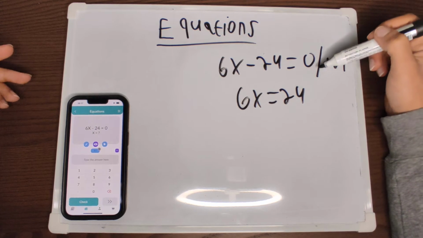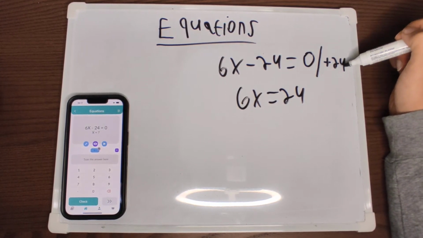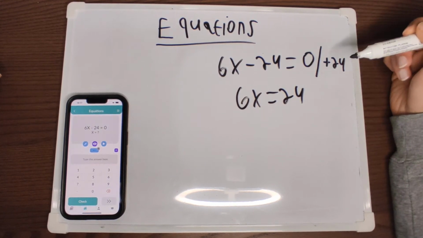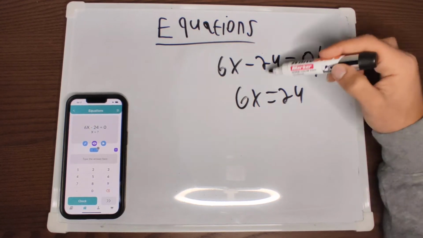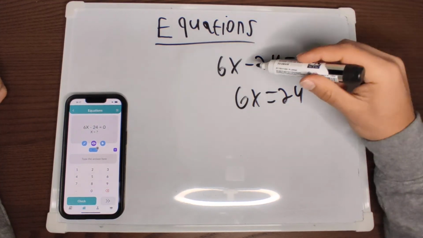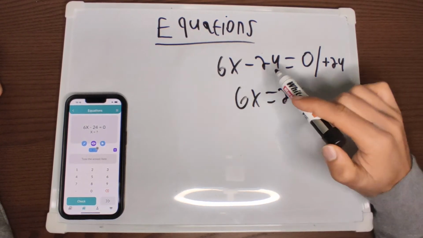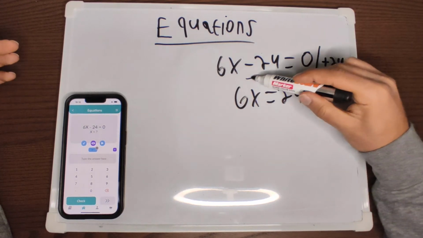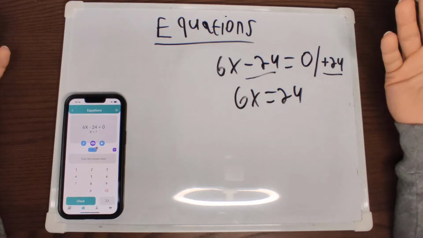So the right side is easy. How much is 0 plus 24? 24. So I have added 24 to the right side. But I cannot only add 24 to the right side, because I also have the left side and I must do the same operation to both of them. So let's add 24 to this side: 6x minus 24 plus 24. So minus 24 plus 24 becomes 0.